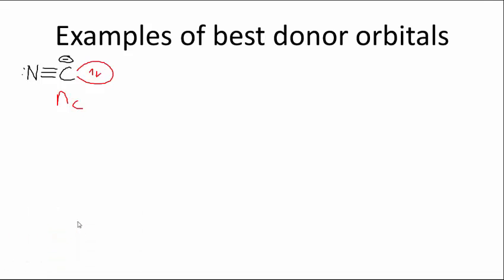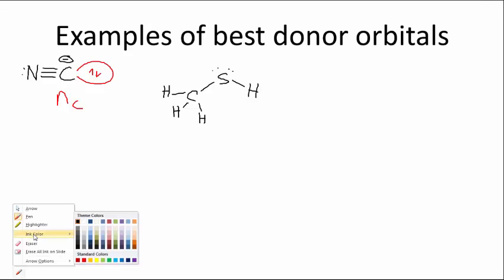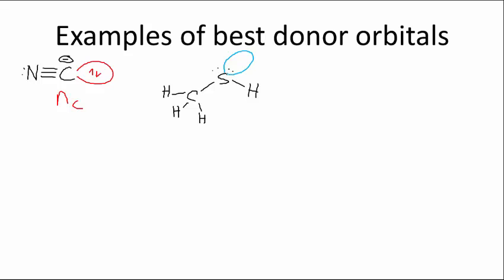You could also have lone pairs on other atoms. A lone pair on sulfur would be a great donor because it's not particularly electronegative. So if you had that molecule, these lone pairs on sulfur would be great donors.